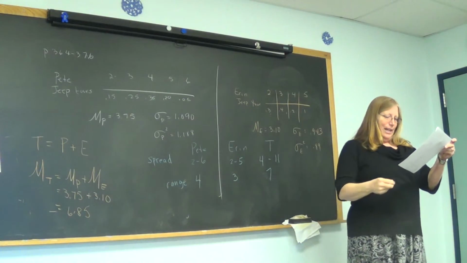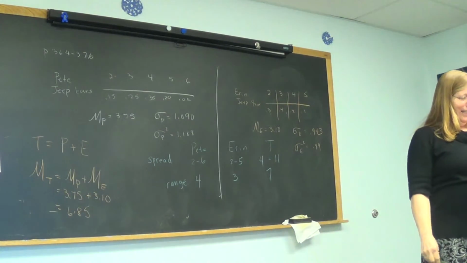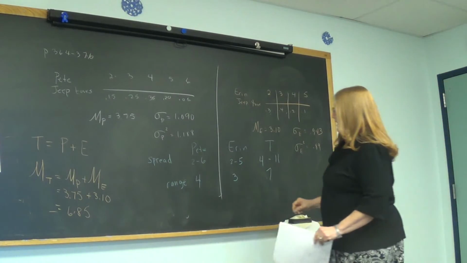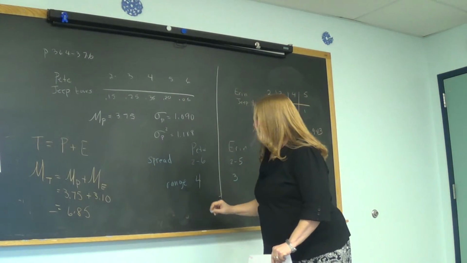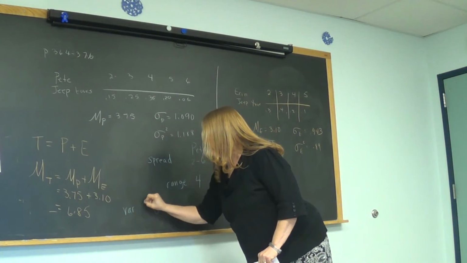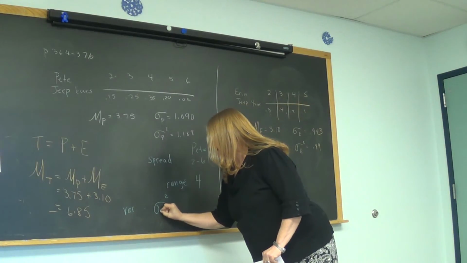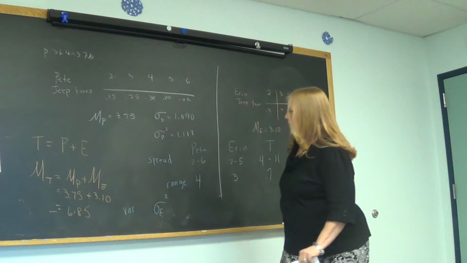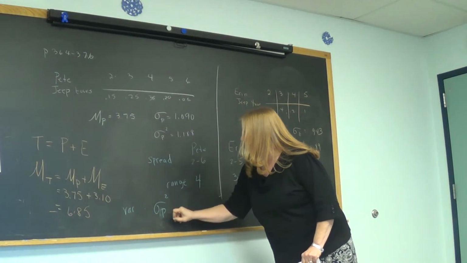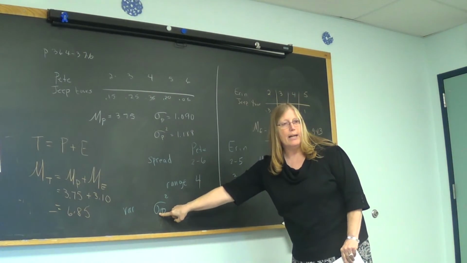Guess what works that way? It's not standard deviation. What's another measure of spread that we study? It is variance, and remember I write the word variance. The variance is written with the symbol sigma squared, the standard deviation symbol squared.